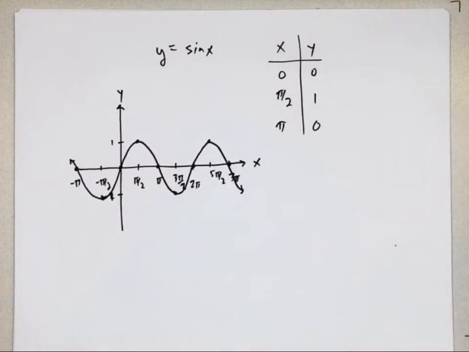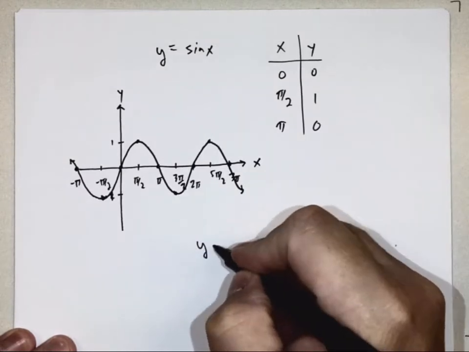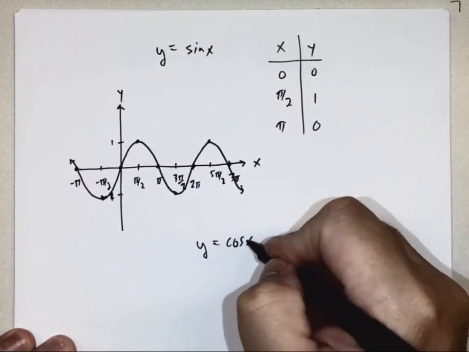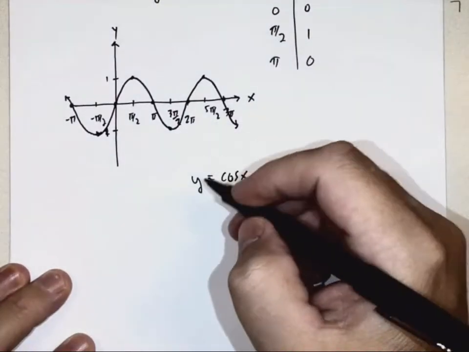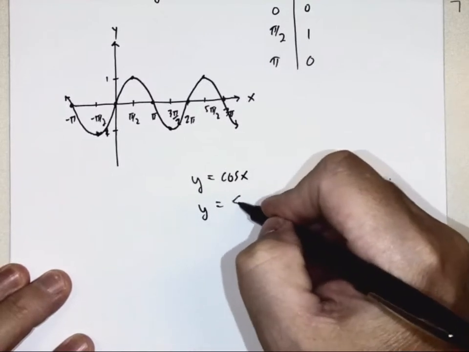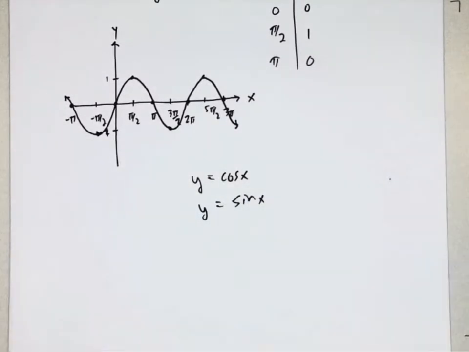We got the data, and we made our rough sketch of a graph. So those are really the 2 key trig functions. But what we've gone over now is the very, very basic. In other words, we looked at y equals cosine of x, where x is an angle, and y equals sine x.